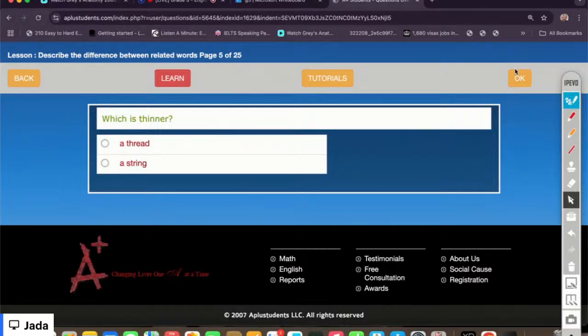So which is thinner, a thread or a string? Which is thinner, a thread or string? Which one? So which one is the thinner one?